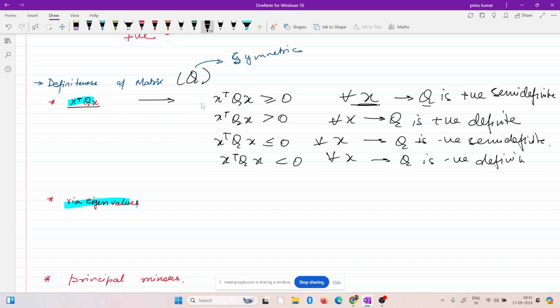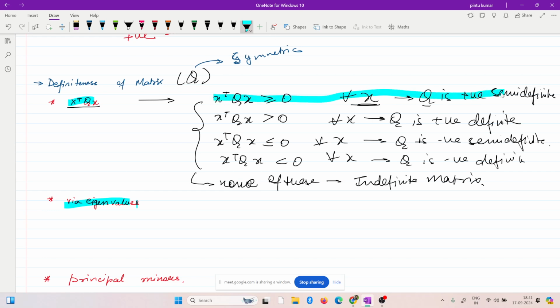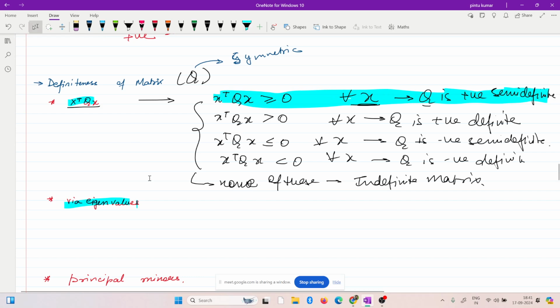And if it does not satisfy any of these, then it is called an indefinite matrix. For checking convexity, we are just interested in the first one, whether it is positive semi-definite or not. But the other definitions are also many times useful, so I'm mentioning them over here.